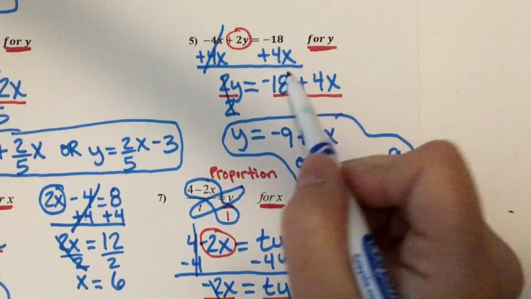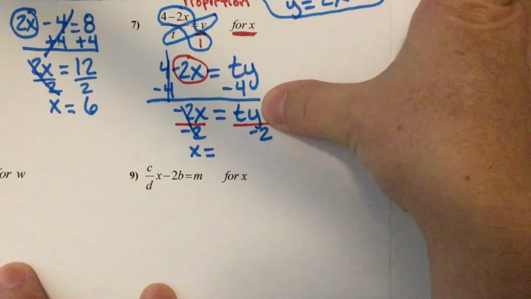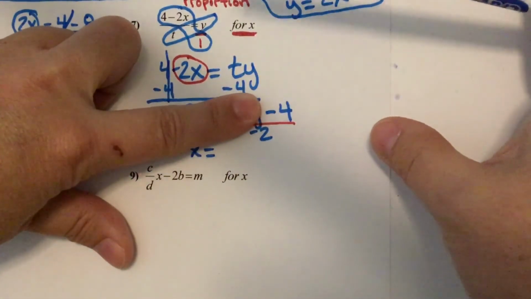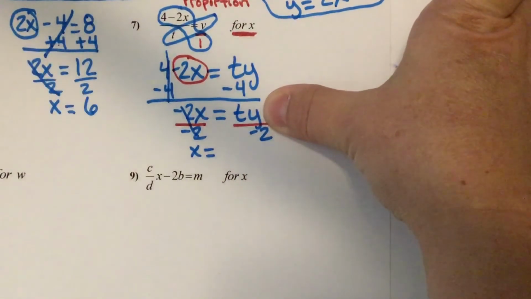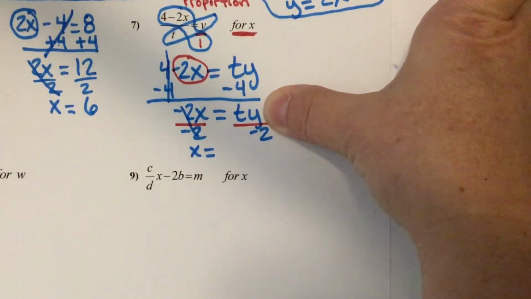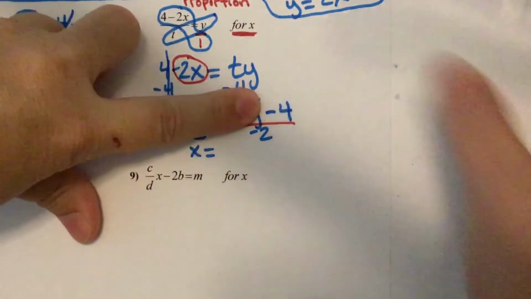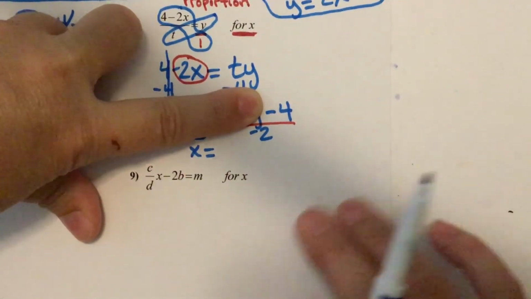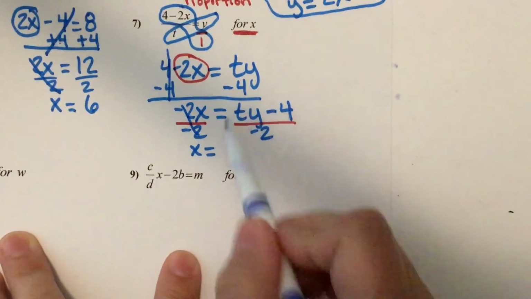Just like up here, these were both divided by 2. Okay, so first I'm going to divide ty by negative 2 and then negative 4 by negative 2. So let's look. Can I divide ty by negative 2? I can't. But can I divide negative 4 by negative 2? I can.